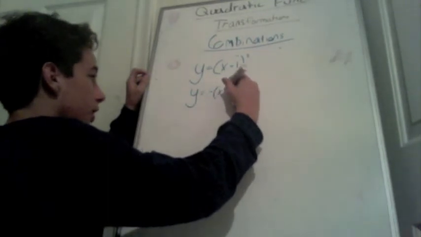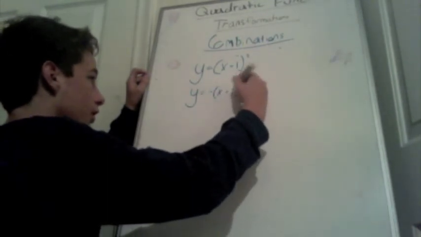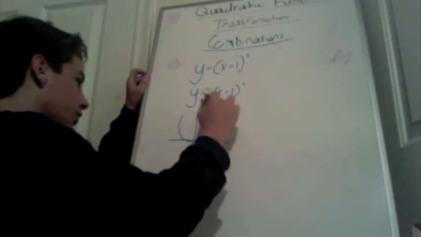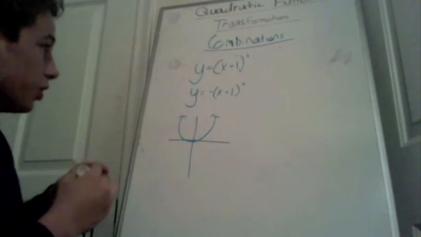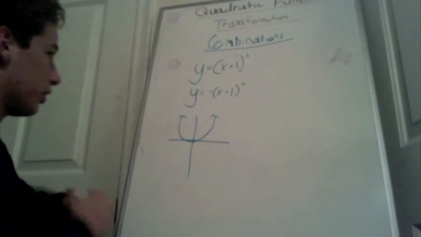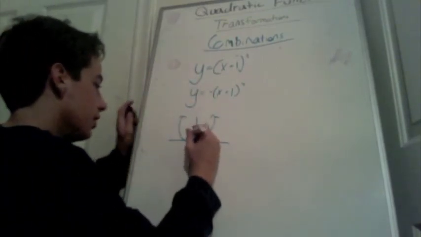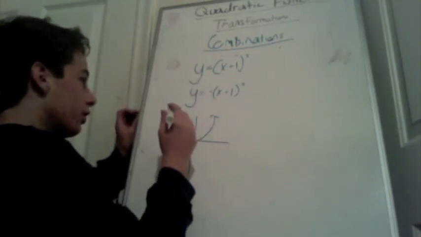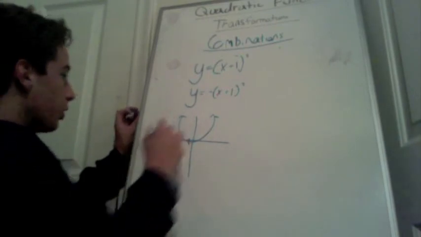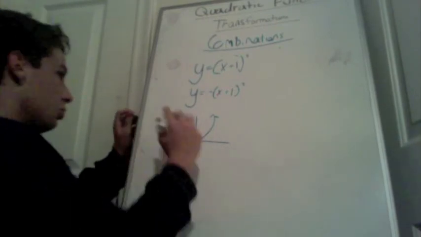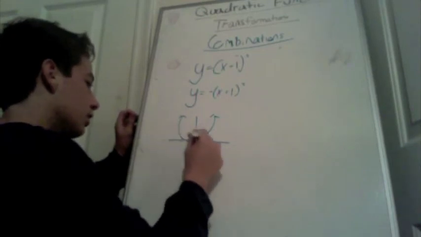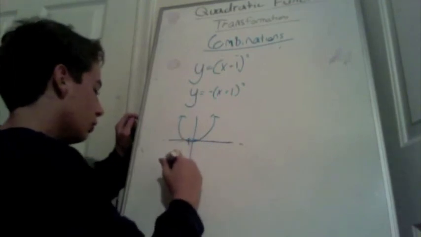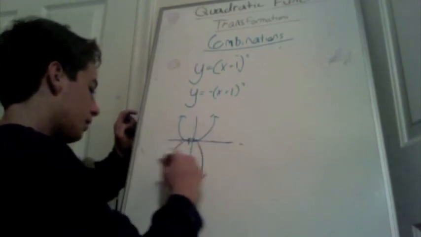So we have negative (x plus 1) squared. The original parent function will look like this. And our new equation will look like this. We're adding, so we move to the left 1. And we don't have a vertical stretch or shrink, which means we're going to continue with the same slope. But it is reflected over that imaginary line. So it will look like that.